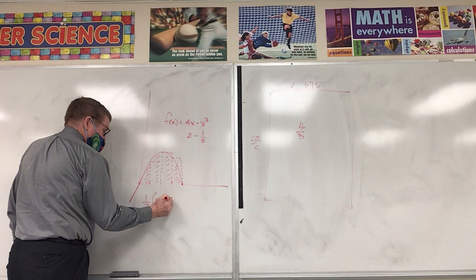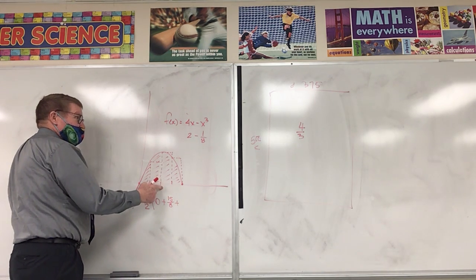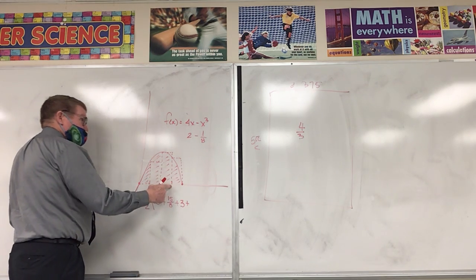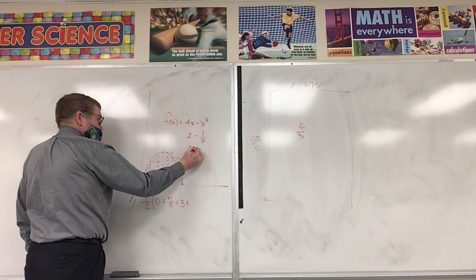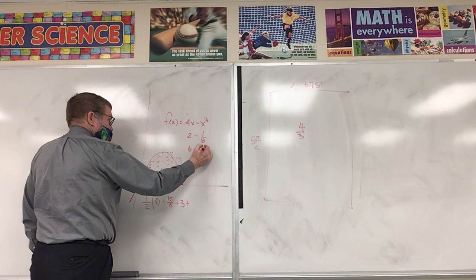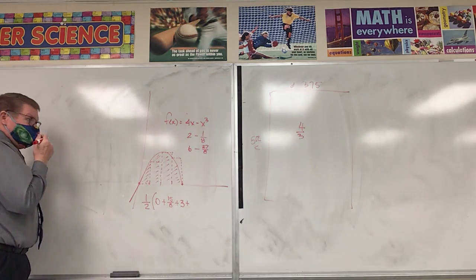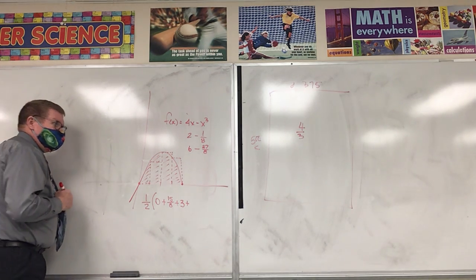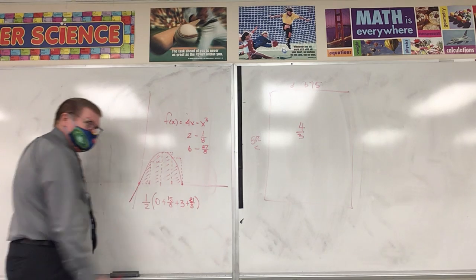15 over 8. Then at 1 we get 3. And then at 3/2, that's 6 minus 27/8, which is 21 over 8.